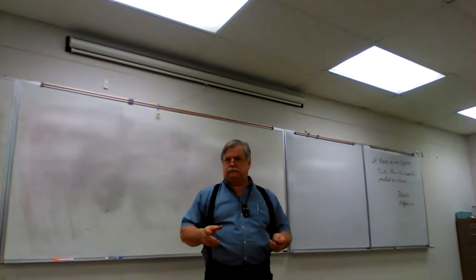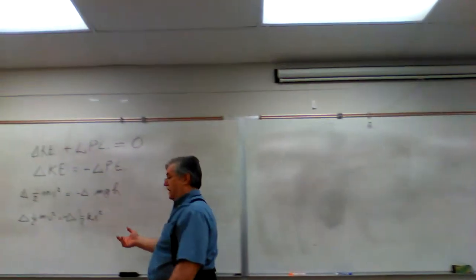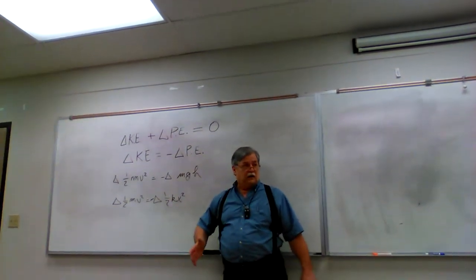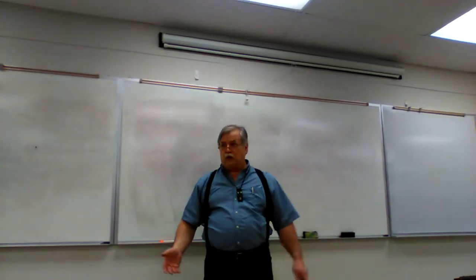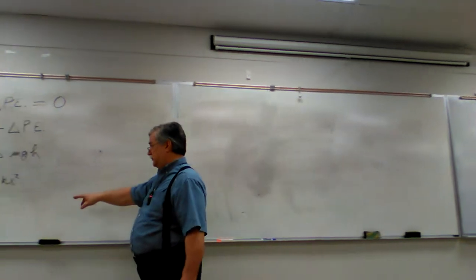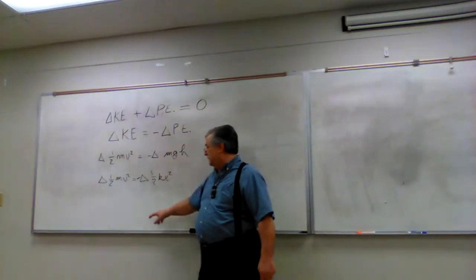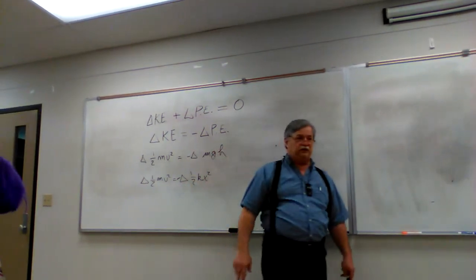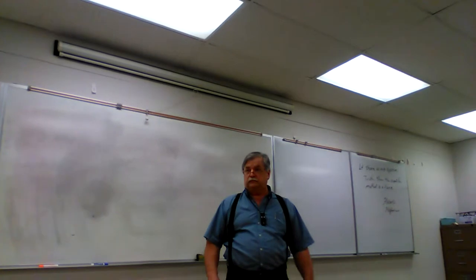If you know the spring constant, k, of a given spring, and you know how far you compress it, then you know how much potential energy is stored in that spring. And once it's released, you can calculate how much kinetic energy, how much velocity it's going to produce.